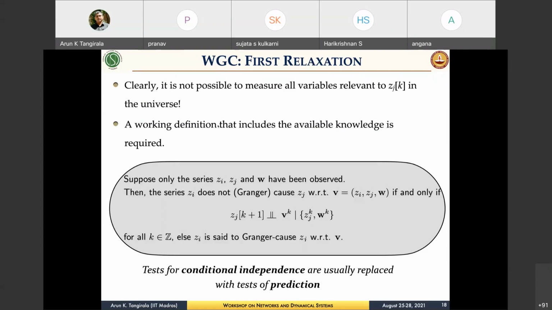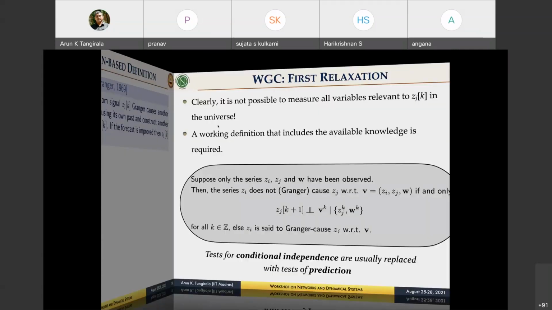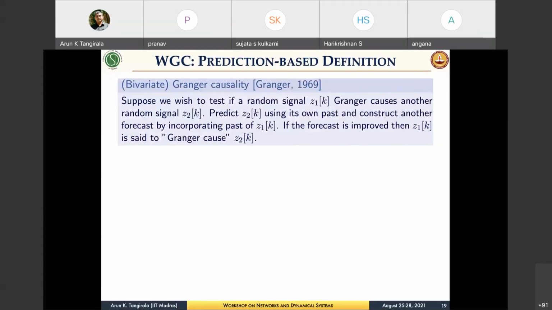Okay. So essentially what was required was a test for conditional independence, but that also is very difficult to implement in practice. Not impossible, but quite cumbersome. So Granger replaced it with tests of prediction. That is how the prediction-based definition came about.